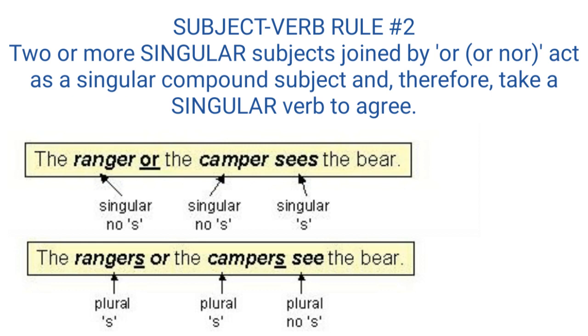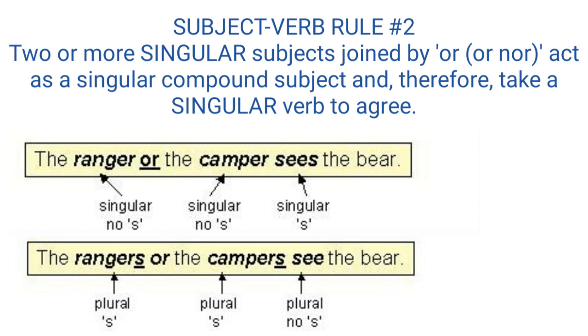So look at the sentences once again. The ranger or the camper sees the bear. Here the ranger is singular, the camper is singular, and they are connected with the joining word or. So we used a singular verb here. But in the second sentence, two plural subjects were connected.